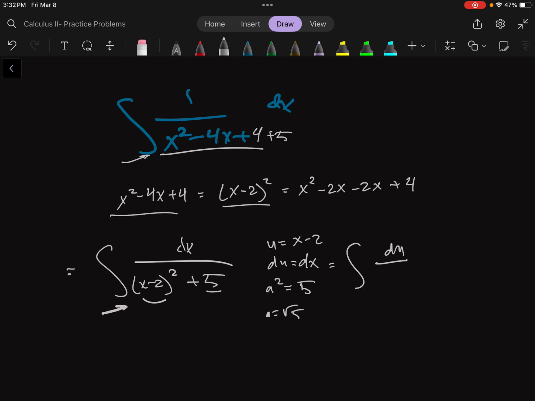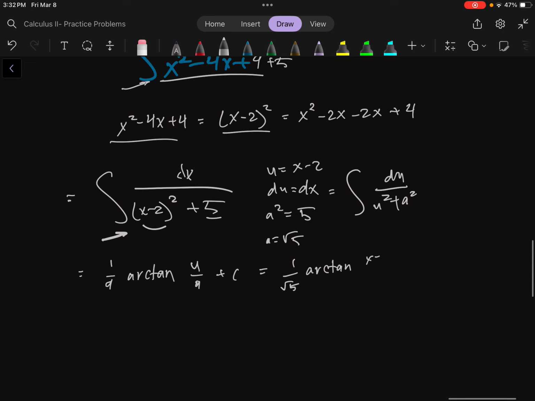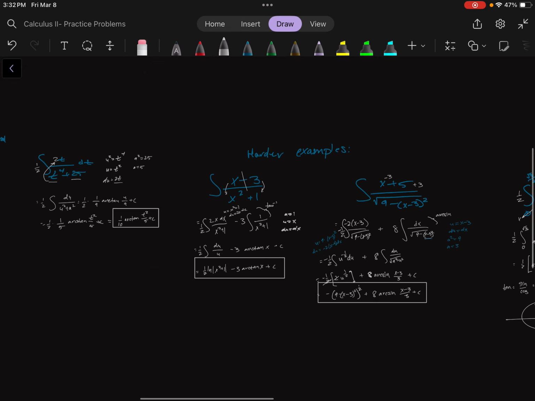We have du over u squared plus a squared, which we know turns into 1 over a arctan u over a plus c. So 1 over root 5 arctan of x minus 2 over root 5 plus c. And that would be our final answer. So that is how you do inverse trig integrals.